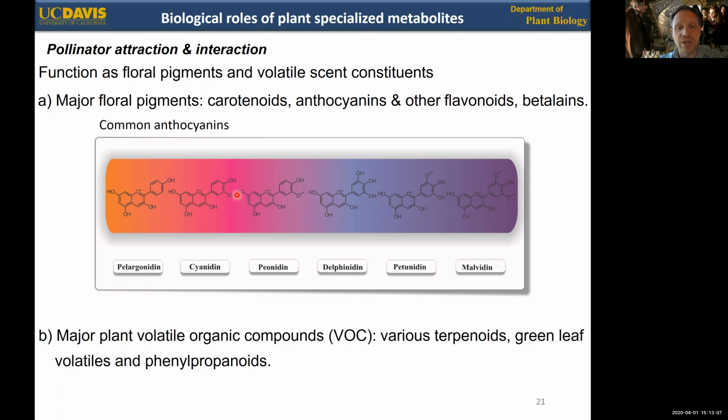Right, there are additional hydroxy groups or other functional groups, different positions and numbers of hydroxy groups. And so those differences in hydroxylation and double bond arrangements really make the color of anthocyanidins all the way from sort of a bright light orange to a dark purple, almost blue. And so these have major roles in the development, especially of flower colors, but also fruit colors. And the attraction of seed dispersers and pollinators.